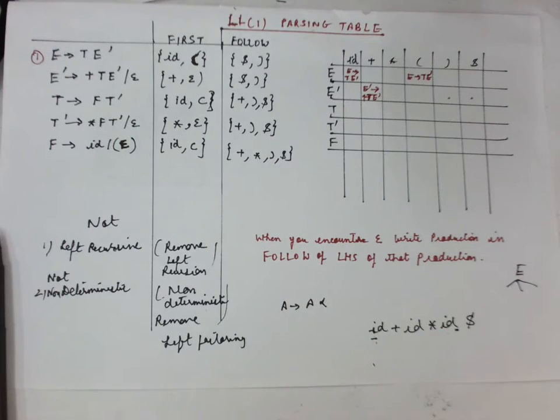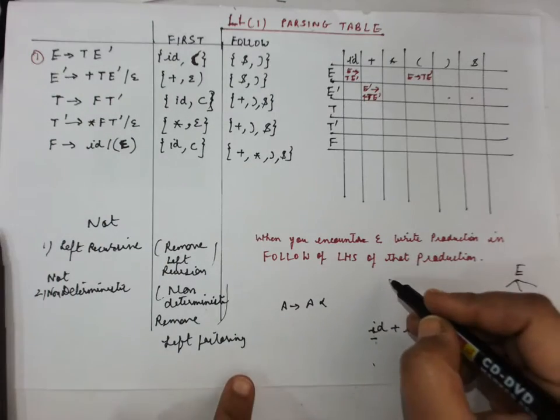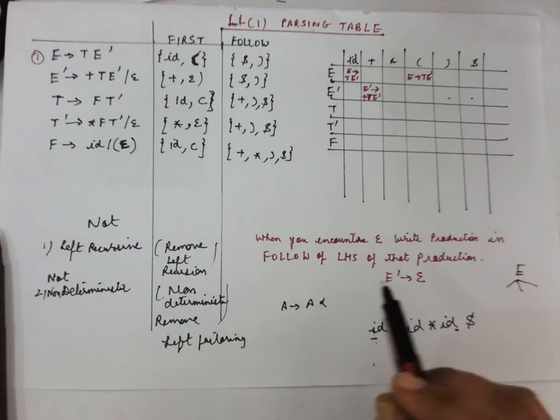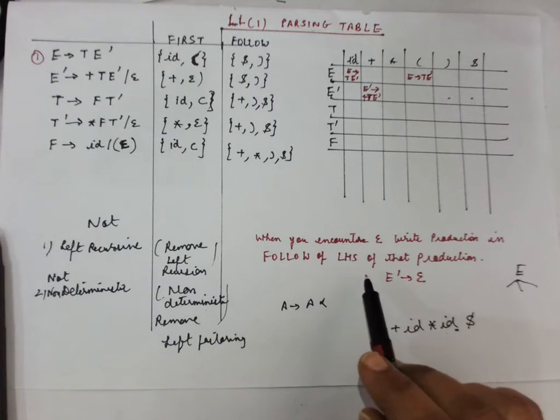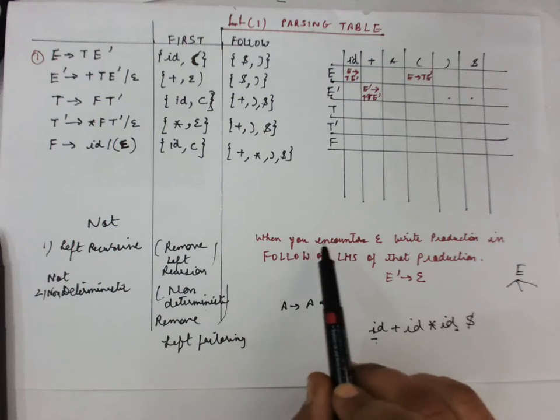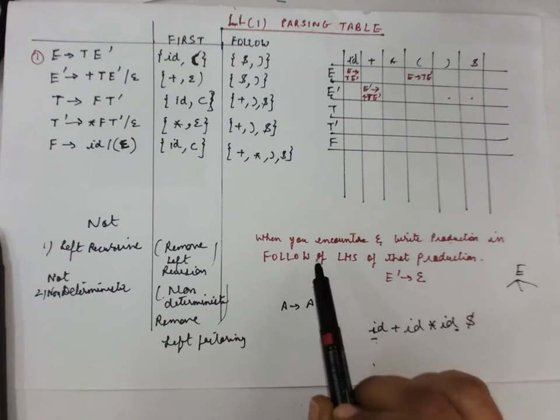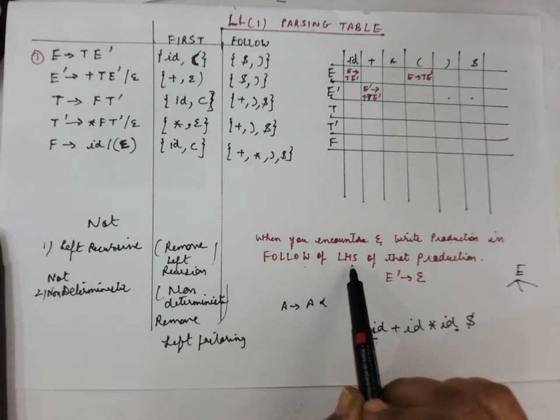So we will write this rule E dash gives epsilon in place of follow of LHS. When you encounter epsilon, write the production in follow of LHS of that production.